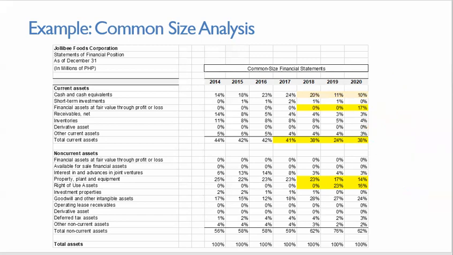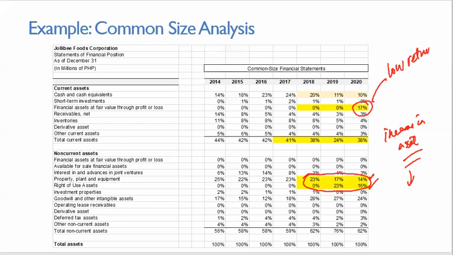Next, so if you look at investments, if you look at PPE and right of use assets, actually they reduced in 2019 and 2020. Okay? Which drives the fact that the increase in assets is actually driven by this investment in fair value to profit or loss, which is actually a low return investment.